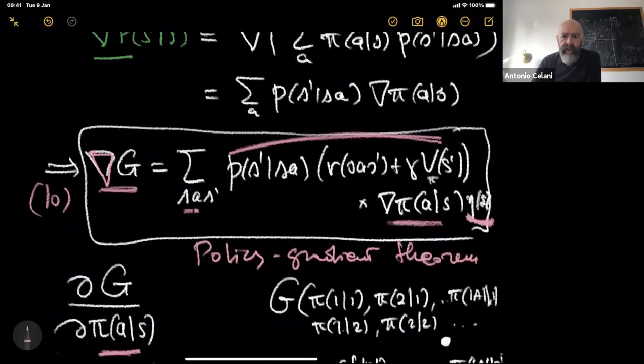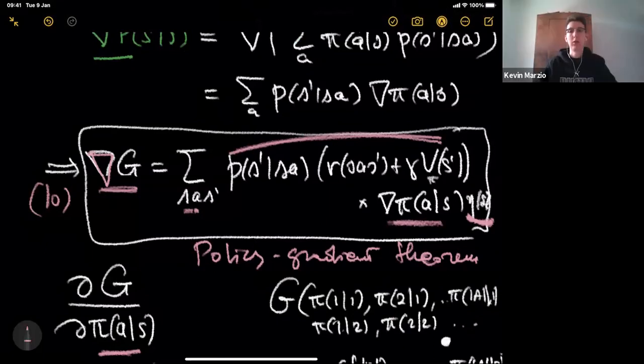So this equation here is exact. This doesn't mean that this whole object is linear in the gradient. Not at all. It depends non-linearly on pi through V and eta. We have just taken out the explicit dependence on those derivatives. Okay, thanks. Sure, no problem.